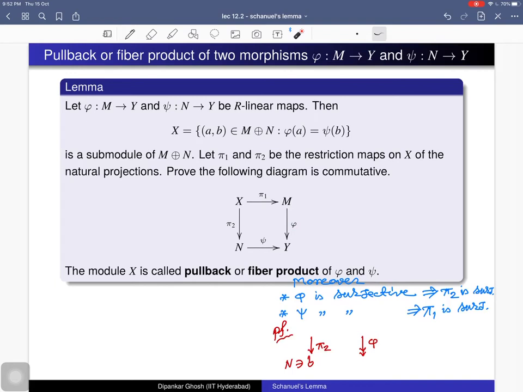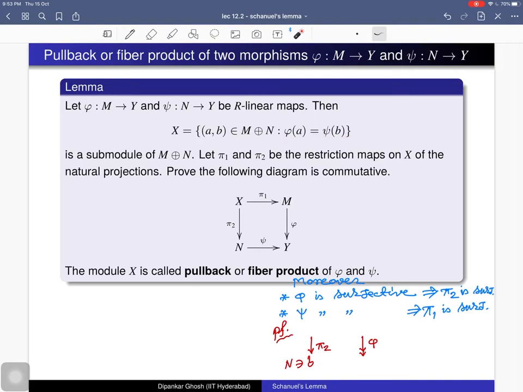So here is the way to construct this R module X. First, this is a subset of M direct sum N. It is the collection of all those tuples where the first component comes from M, the second component comes from N, such that we have this equality: phi of a is the same as psi of b.